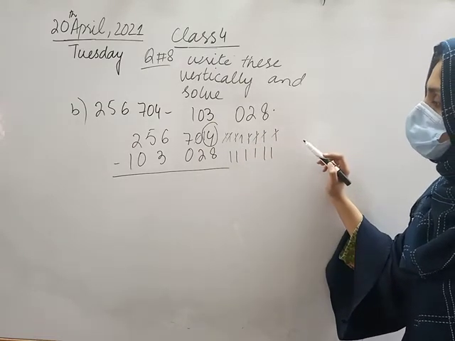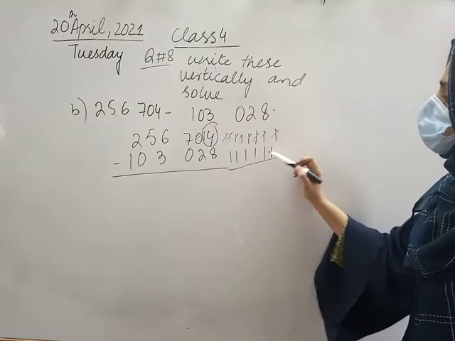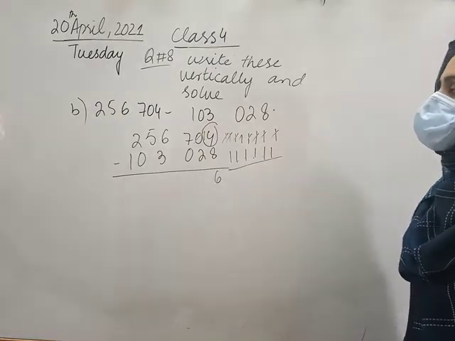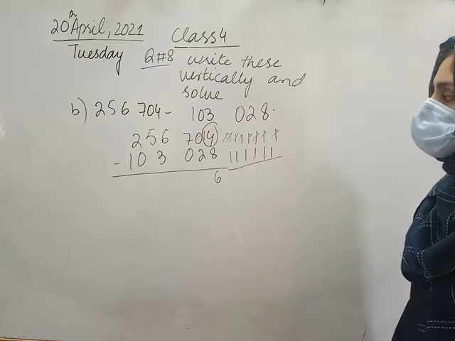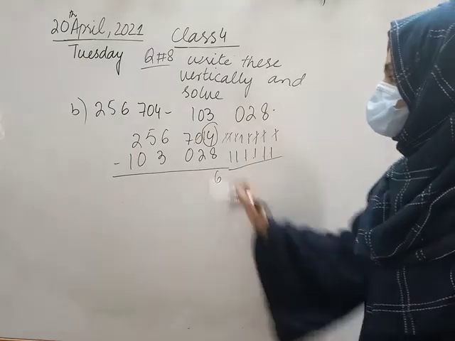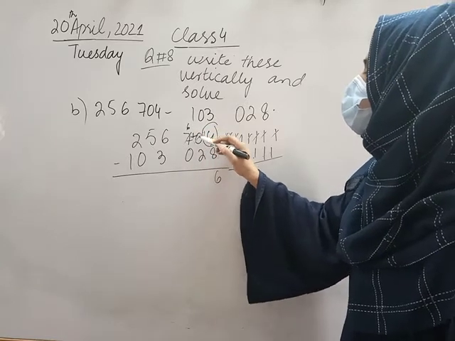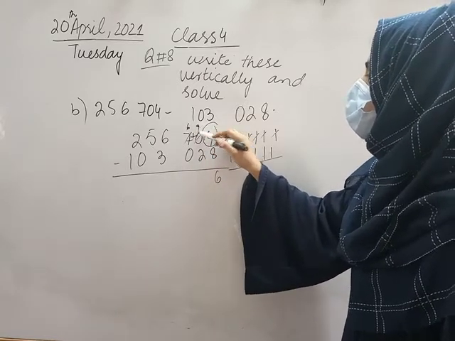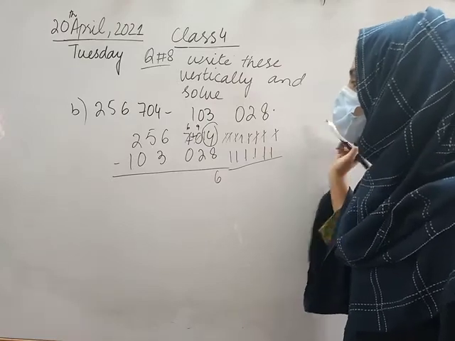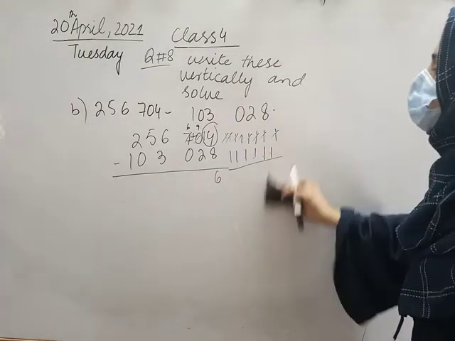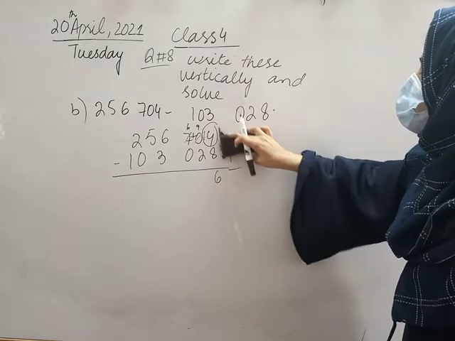I have subtracted 8, so how many are left? 1, 2, 3, 4, 5, 6. 6 are left. Fine. Now, the carry was given from here, this became 10, and when we gave the carry this became 9. It is like this. Now moving towards the next number, which is 9 minus 2.